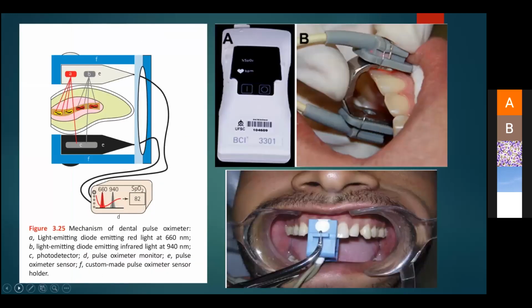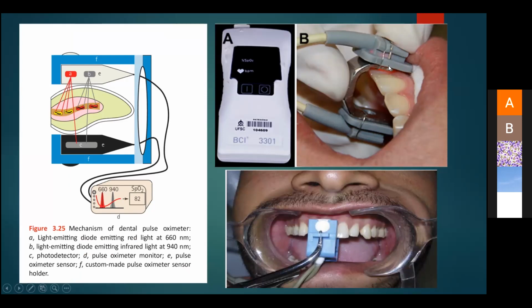This is a setup for the newer methods that we talked about, pulse oximetry and laser Doppler flowmetry. This is a setup of pulse oximetry. I don't think it is available in government colleges. So this particular pulse oximeter has two diodes.